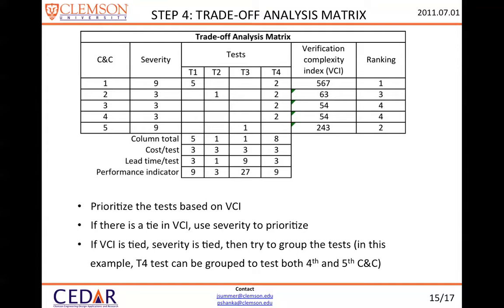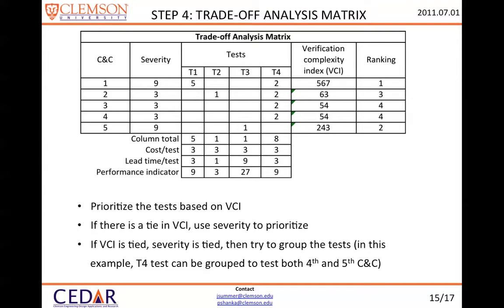Now how to number it, how to reorder it? Because you have 8 tests with performance indicator as 9 for T4, it gives me a value of 72. But now I compare this value of 72 with test T1, where I had 5 times 9, that is 45.